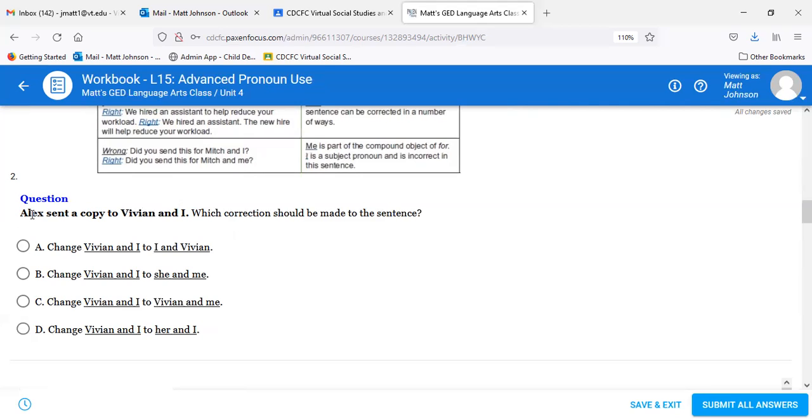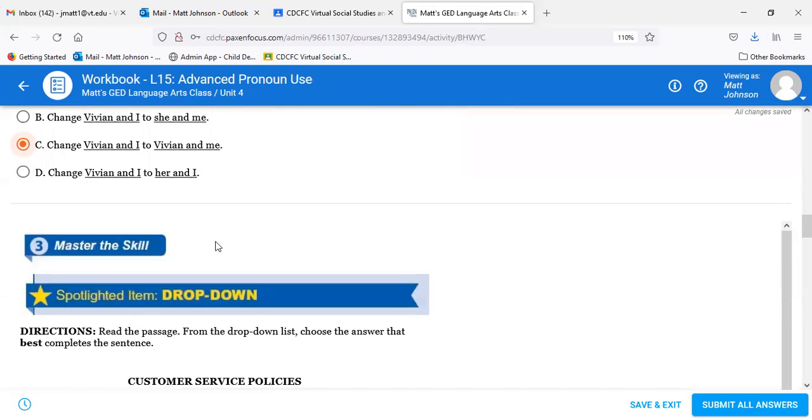So Alex is our subject. If Alex is our subject, then we can't have a subject pronoun. We need an object pronoun. That's going to be me. So we're going to use C. Change Vivian and I to Vivian and me. Very good. Okay.